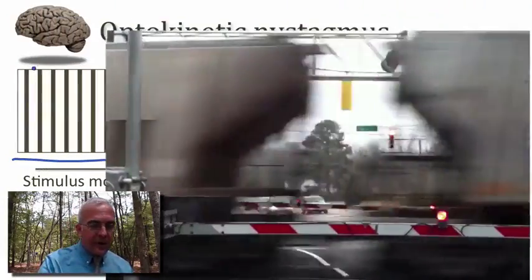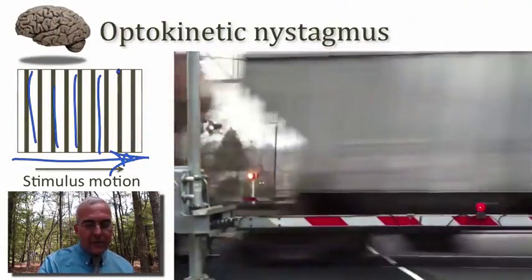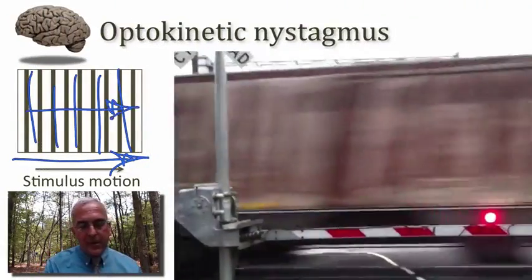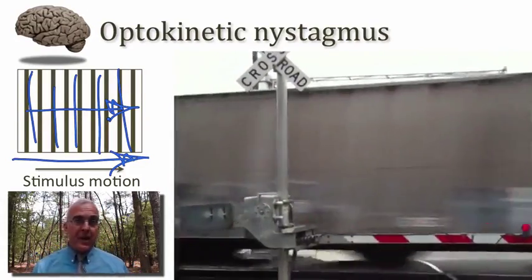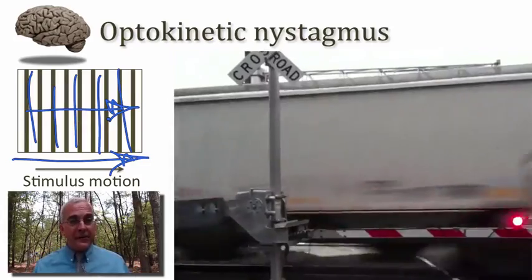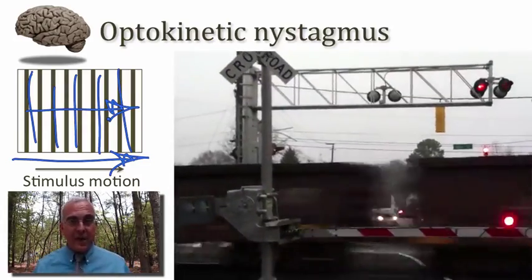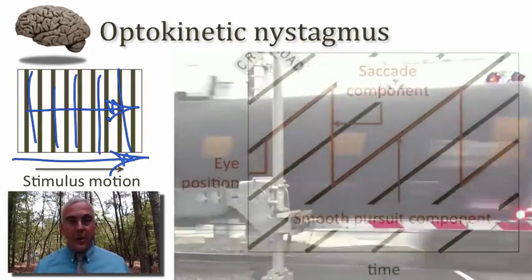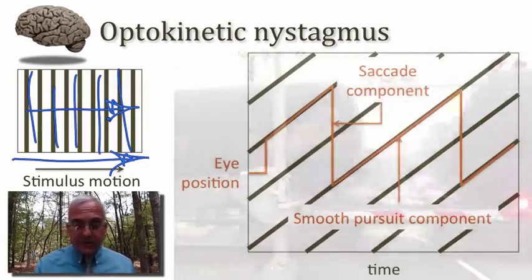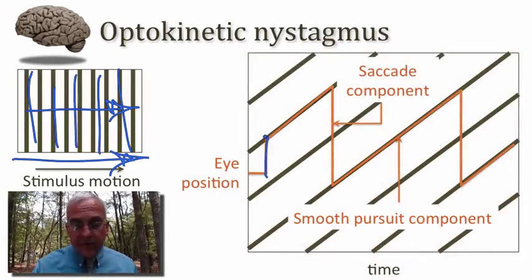And so there are various elements of that train, vertical features, for example, that are passing in one direction or the other through your visual field. It's really difficult not to be grabbed by that visual stimulus. And what happens? Well, what happens is that we tend to make a saccadic eye movement to some feature on that train. Maybe it's a window in a coach car, or maybe a door on a box car.